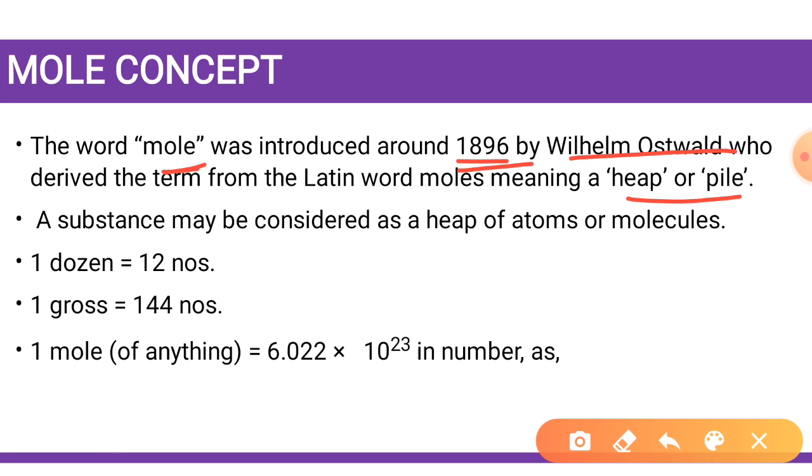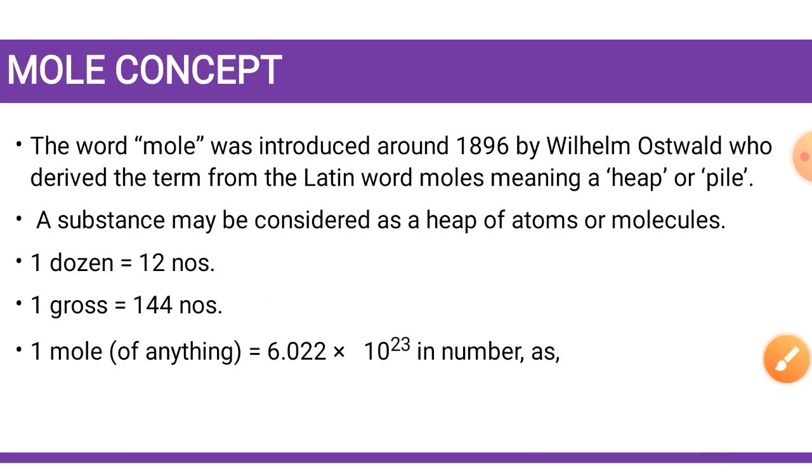Just like 1 dozen is equal to 12 numbers of anything, 1 gross is equal to 144 numbers of anything. Similarly, 1 mole of anything is equal to 6.022 × 10^23 in numbers. So this was the first thing.